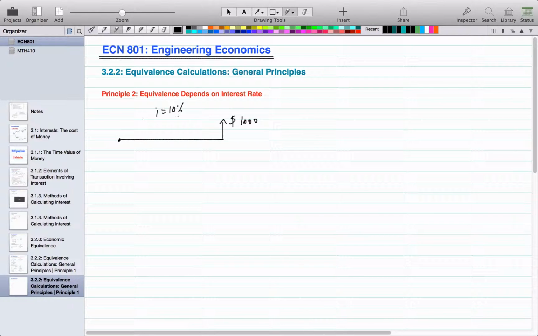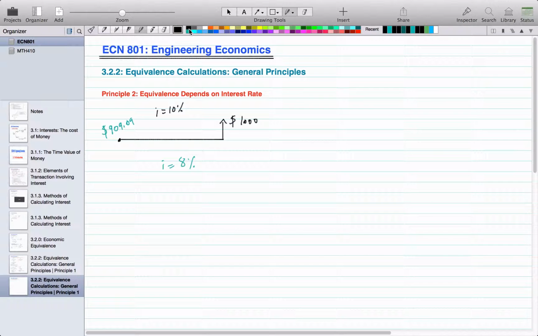Now, if this interest rate changes to something like 8%, so it's worth 9,009.09 present worth. Now, these two values are economically equivalent because of this 10%.